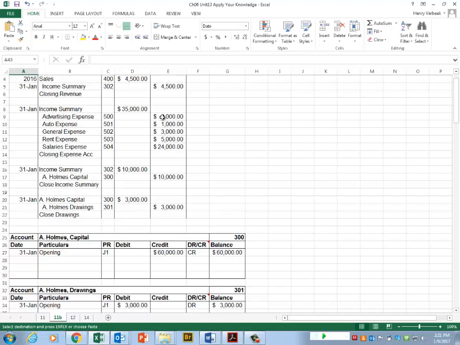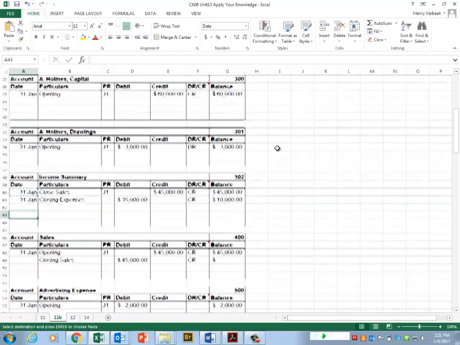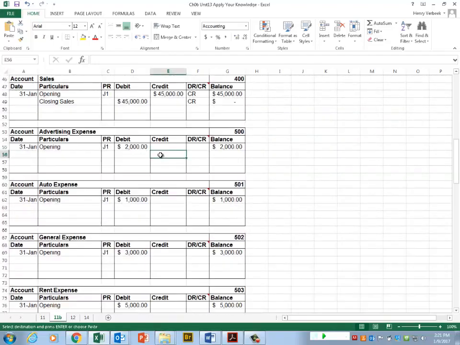Okay, so you just go to every expense and you're going to credit every one. So we've got income summary, sales, and now we've got our expenses. So we're going to write in 2,000 equals this minus this, enter.